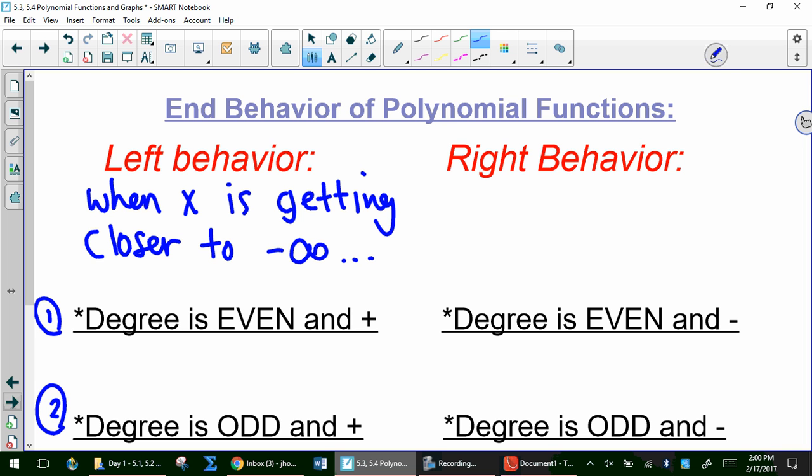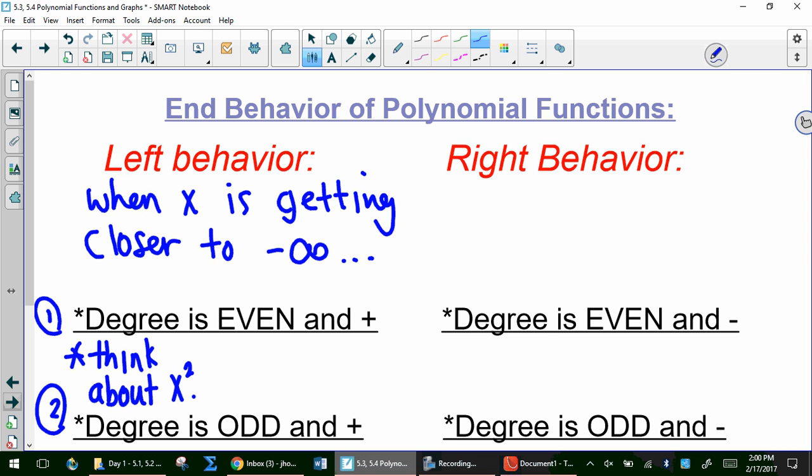think about the degree. Right? If your degree is even, how did we say the graph is going to finish? Point with your fingers. How's the graph going to finish? Is it going to finish like this, like this, like this, or up? Up in both directions. So if your degree is even and it's positive, you want to think about x squared and what that looks like.